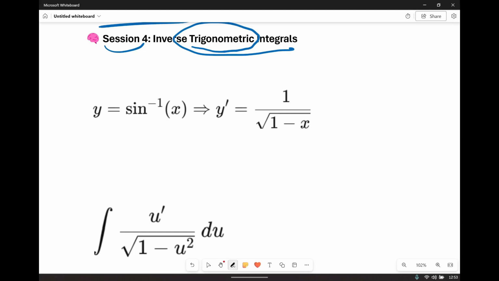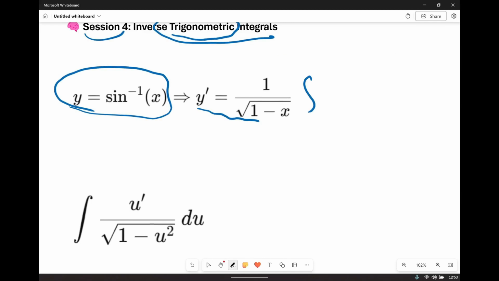Okay guys, if you have an inverse function, sine inverse, you know the derivative of sine inverse x is 1 over the radical of 1 minus x^2. Therefore the integral of 1 over the radical of 1 minus x^2 dx is exactly sine inverse x plus c, because we mentioned in our previous session that integration and derivative are inverse operations.